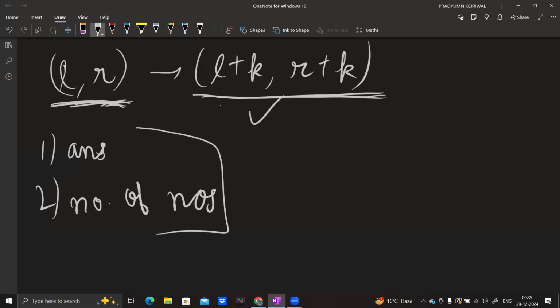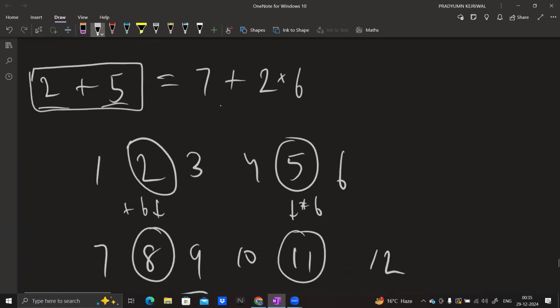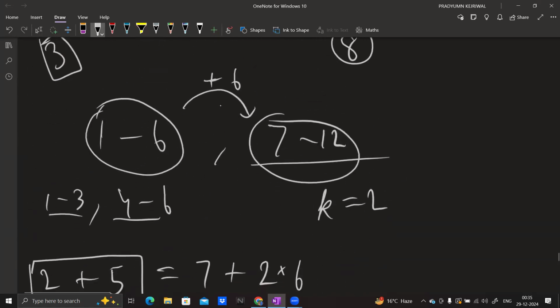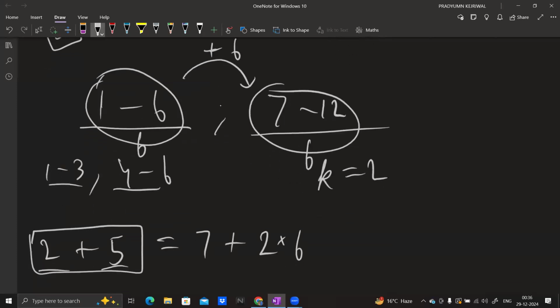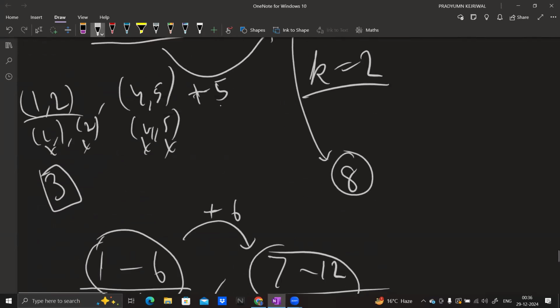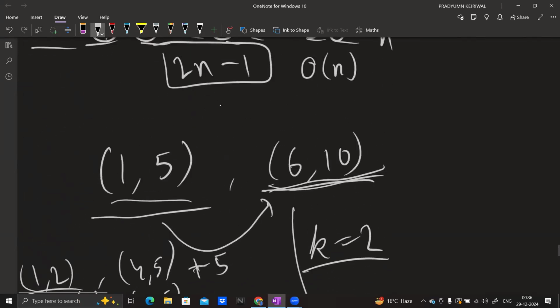What I am saying is that for each length, you just need to calculate only once. This is basically what I just proved: if we have two intervals of the same length, this is of length 6, this is also of length 6. So if the lengths are the same, then essentially the intervals are the same.